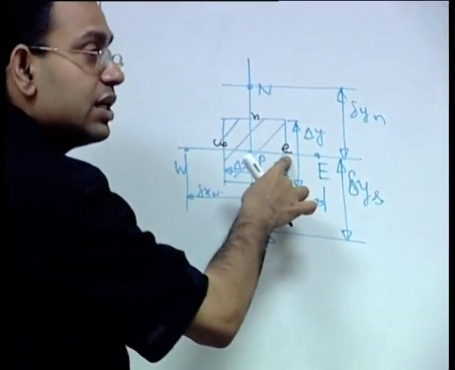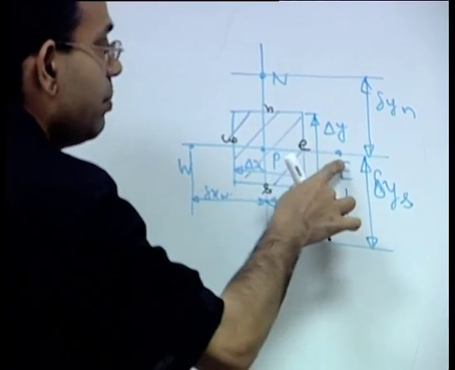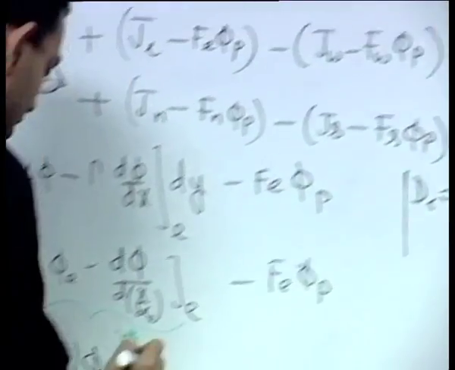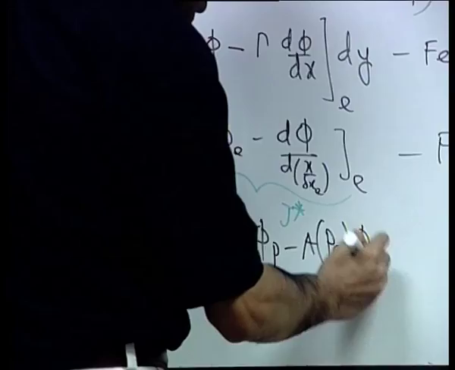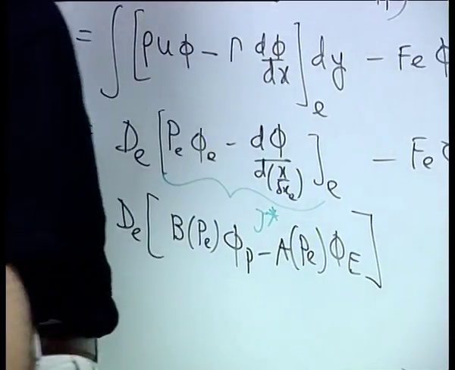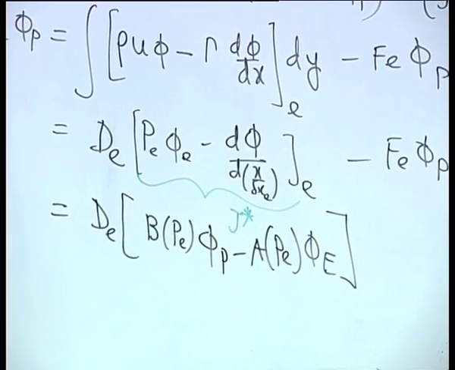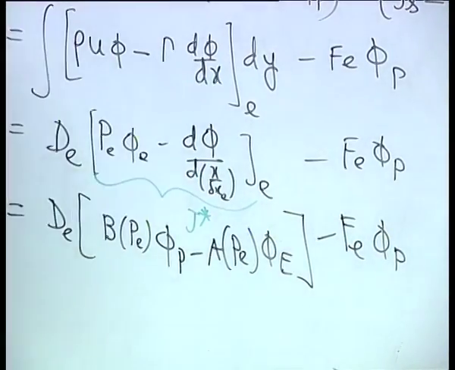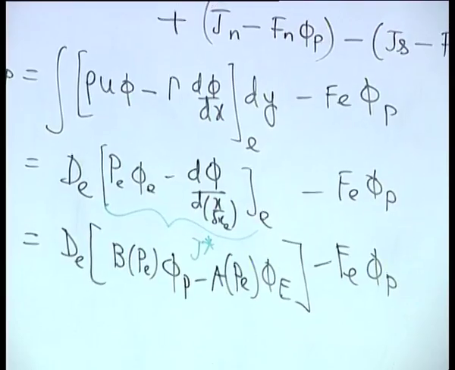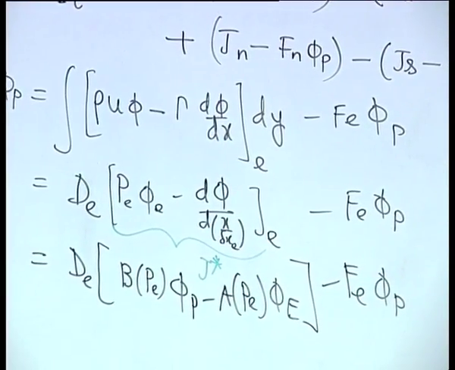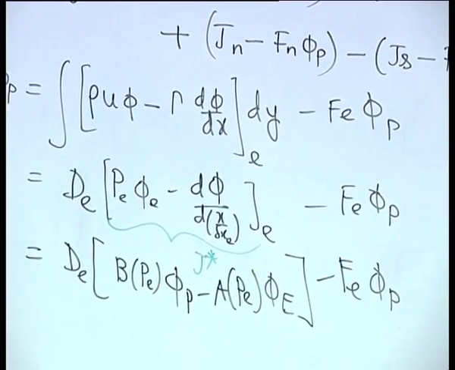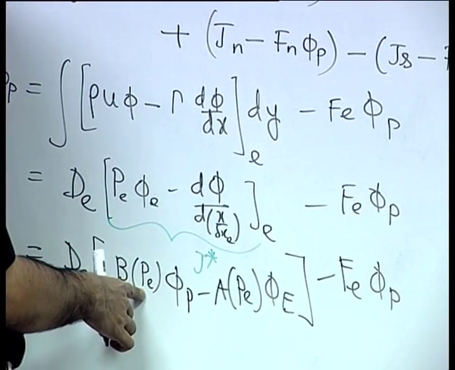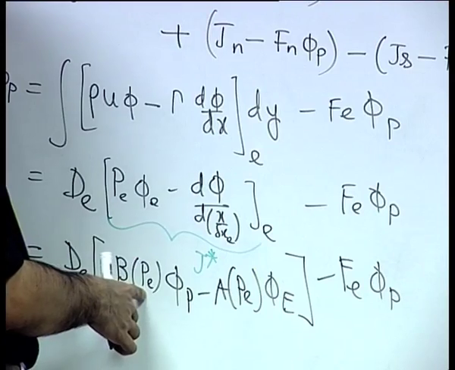So I is P and I plus 1 is capital E. So B phi P minus A phi E minus Fe phi P. Remember the argument P is Peclet number based on delta xe.